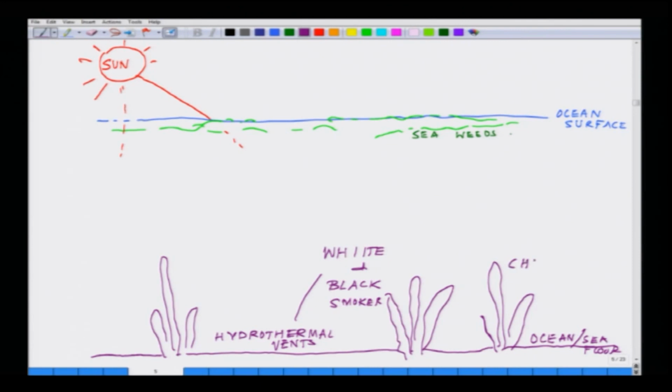These are also called chimneys. And this is the zone which has a lot of sulfides, iron, magnesium, and a series of others. It's a very hostile environment, and here you see a series of life forms growing.